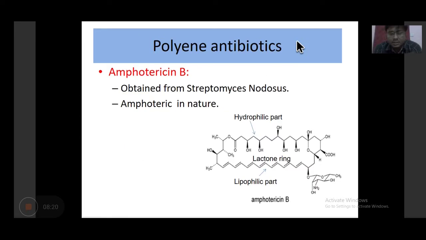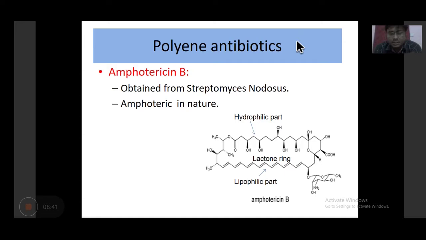So here we start with our prototype drug, that is amphotericin B. You must have come across this term amphotericin, and you know that it is an antifungal agent. It is obtained from Streptomyces nodosus, and it is amphoteric in nature.